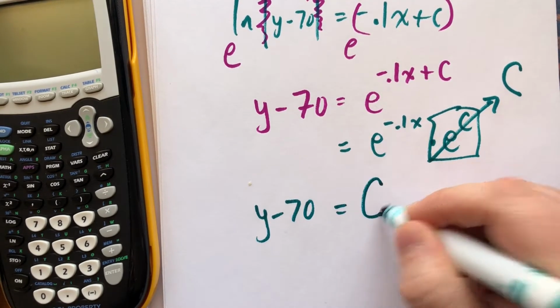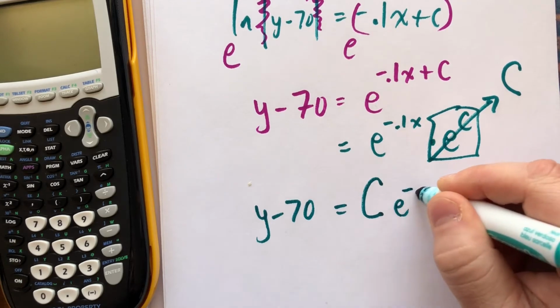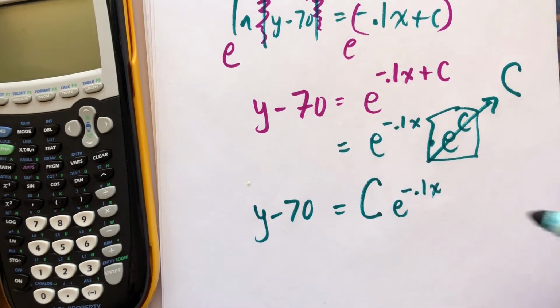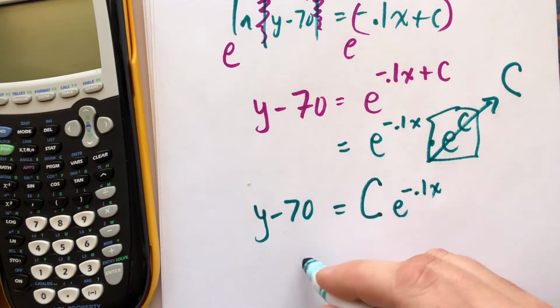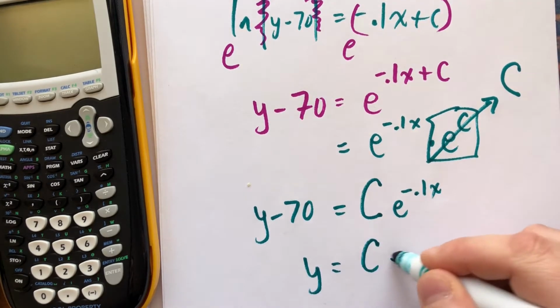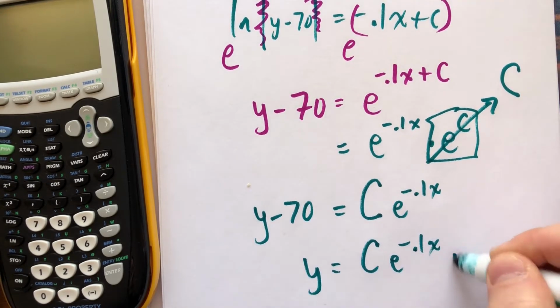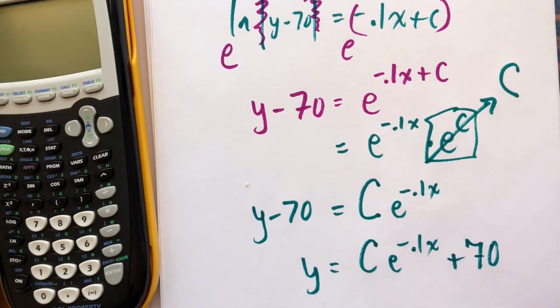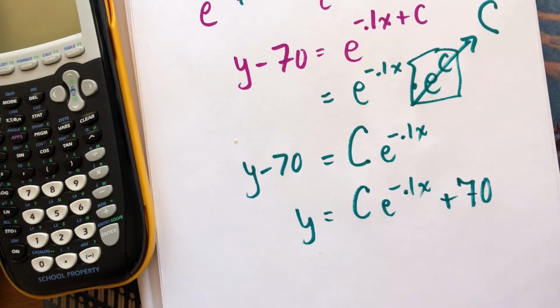So now I can say y minus 70 is equal to c e to the negative 0.1 x. And so I can say y is equal to c e to the negative 0.1 x plus 70. We'll do a lot of these this year, so hopefully it'll start to make sense for you if that didn't quite work out.